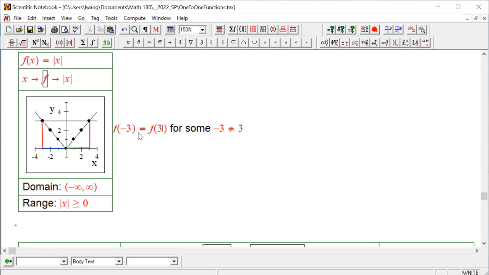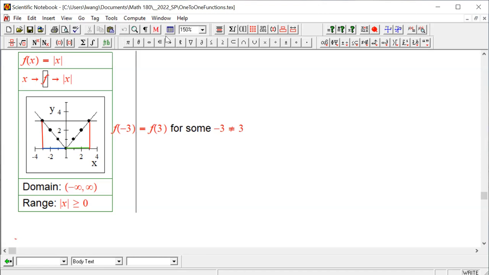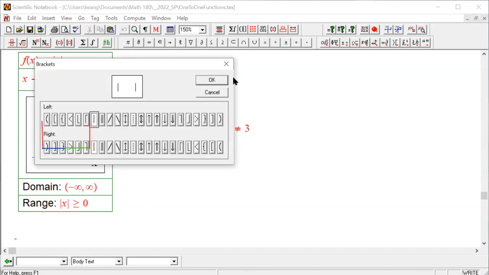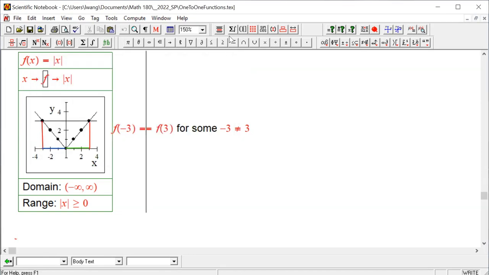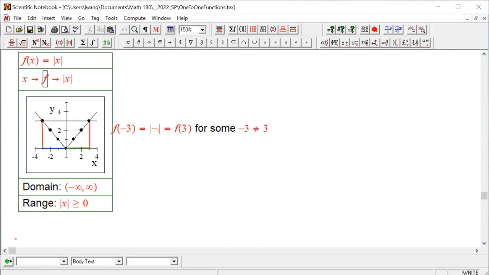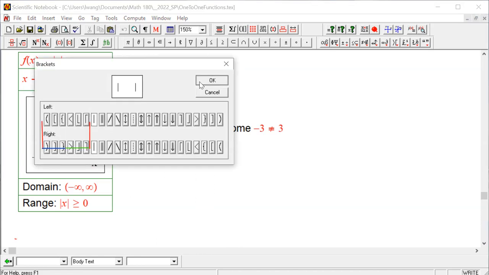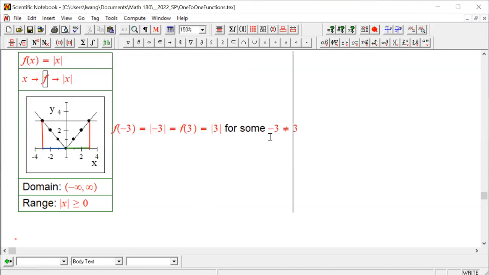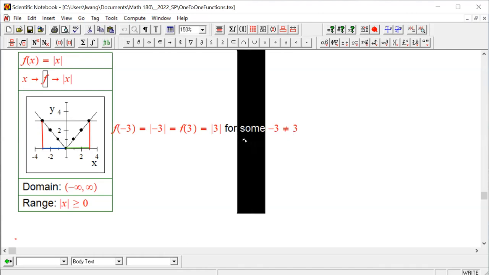F of -3, if we plug in, is going to be the absolute value of -3. Sorry, I clicked cancel. The absolute value of -3. And f of 3 is the absolute value of 3. They're equal. So for the word "some", you can remove it actually.